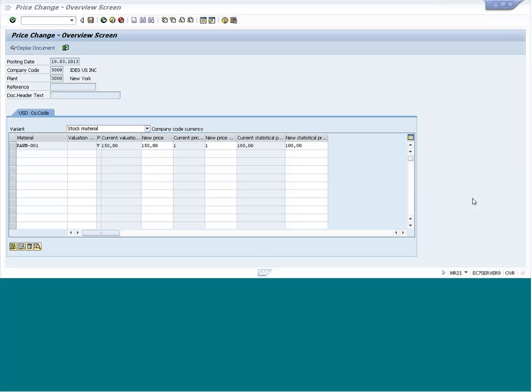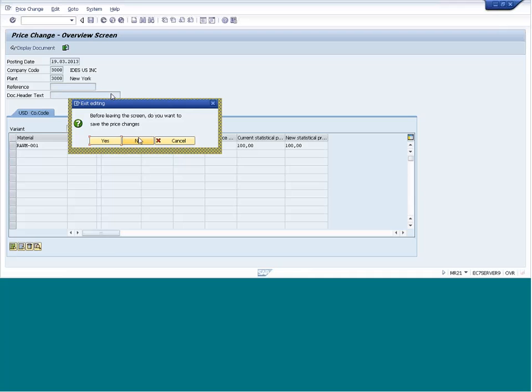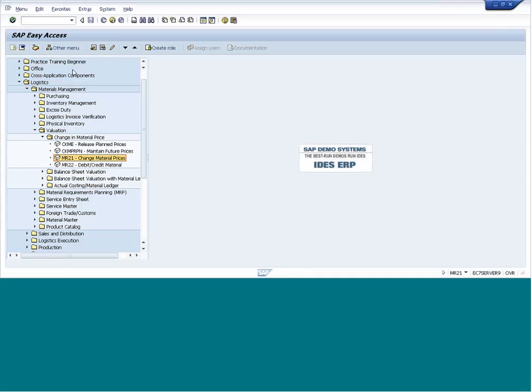Yeah. Okay. So that is the value. Now I entered 150. So let's go back and see the material master now.